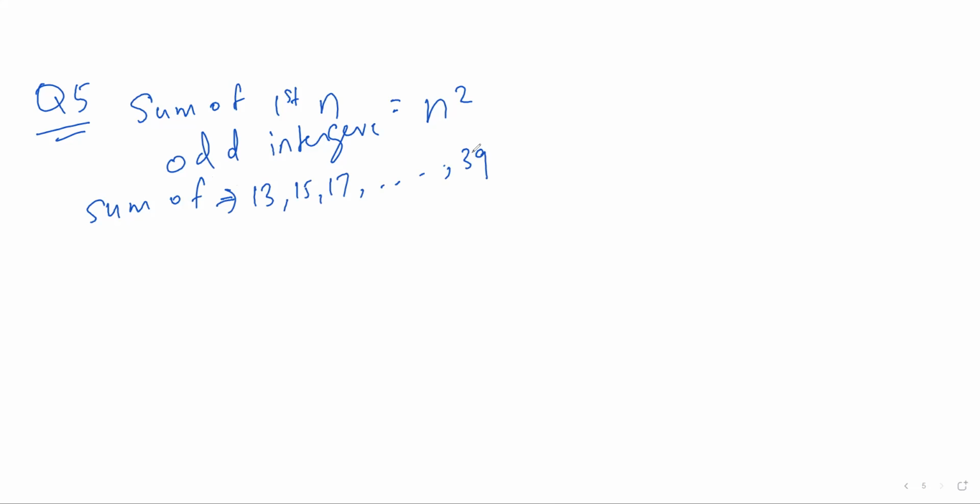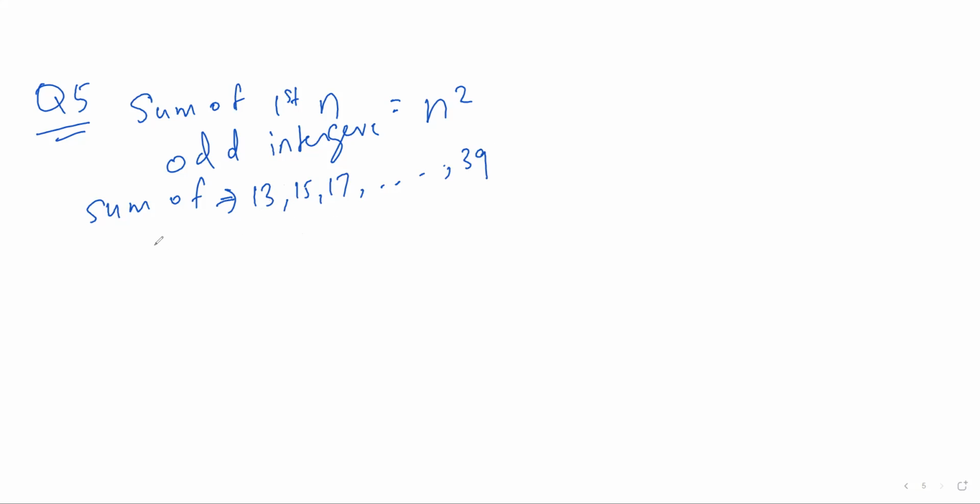I'm sure you can find this in a straightforward but lengthy way. For example, you can find the sum of all odd numbers up to 39, and this is an odd number sequence starting with 13.